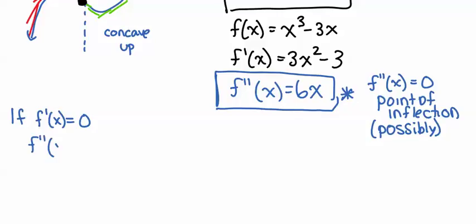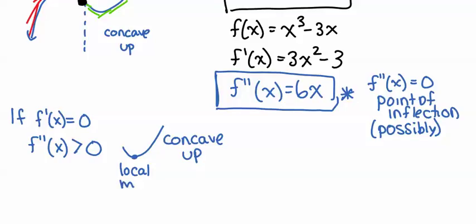And then if our second derivative is greater than 0, our graph is actually going to be concave up. And therefore, that means our first derivative would have produced a local min, a local minimum.